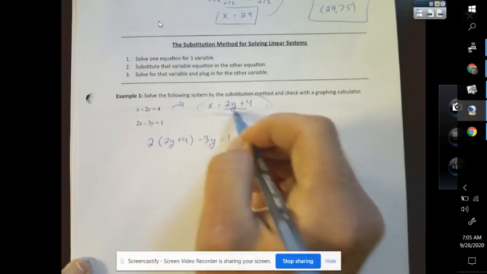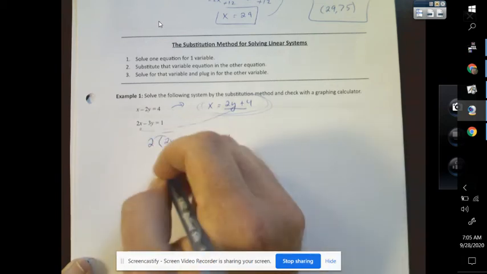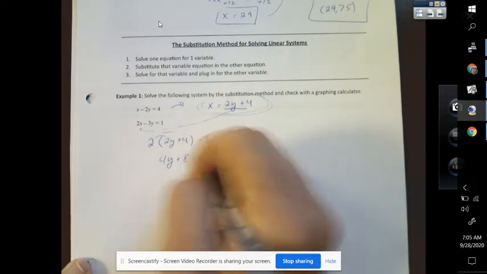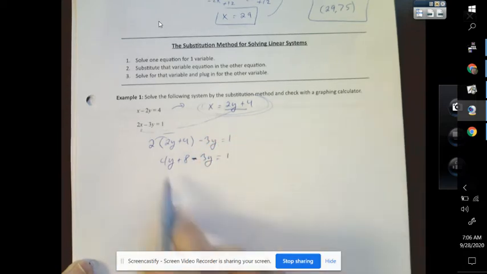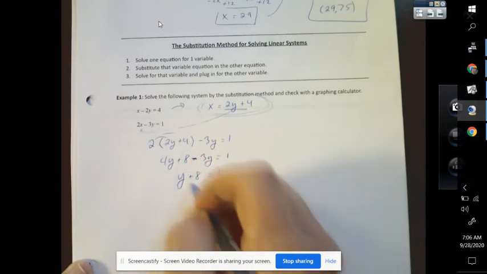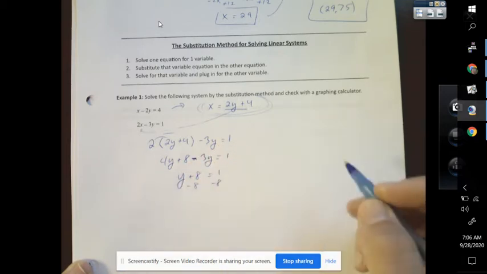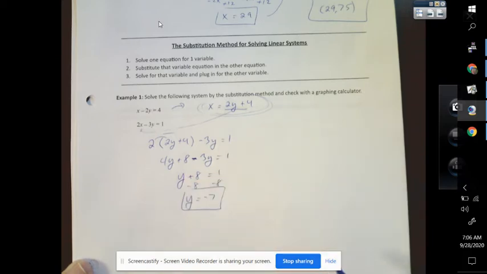We're taking this and substituting it in for x. Now I can solve this, distribute: 4y plus 8 minus 3y equals 1. 4y minus 3y is y. Subtract 8, y equals negative 7.